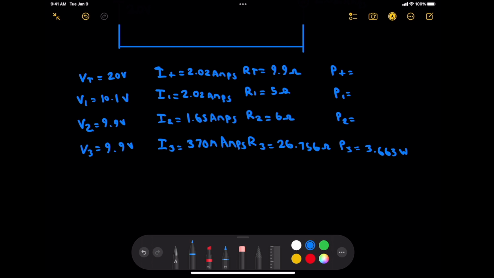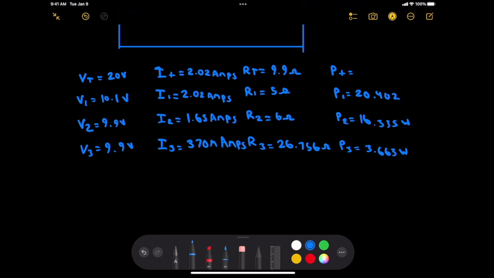Now let's do it for V2. 9.9 times 1.65 amps is going to be 16.335 watts. And now 10.1 times 2.02 amps is equal to 20.402.